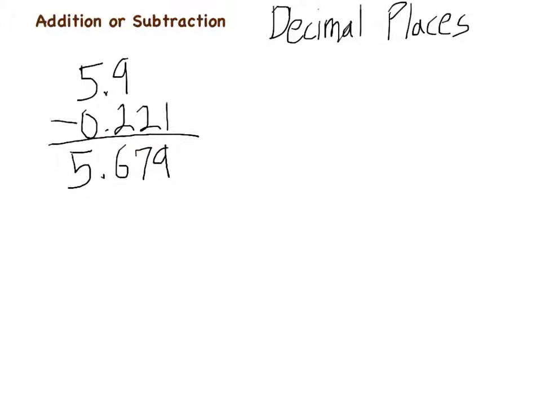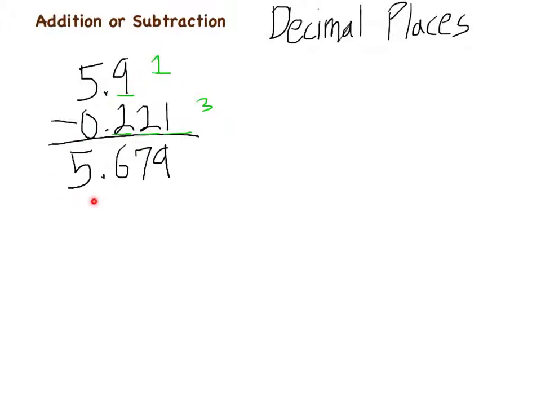I won't use orange this time because orange is for significant figures. If we look at the first number right here, how many decimal places are there? 1. And then the next number, there's 1, 2, 3. So there's 1 here, 3 here. Therefore, this number has the least amount of decimal places, which is 1.